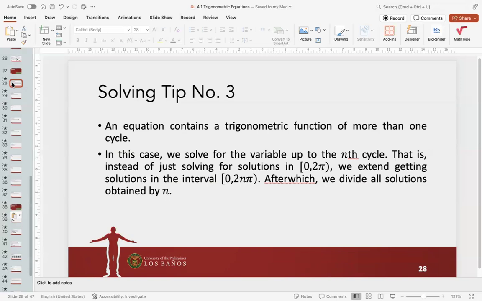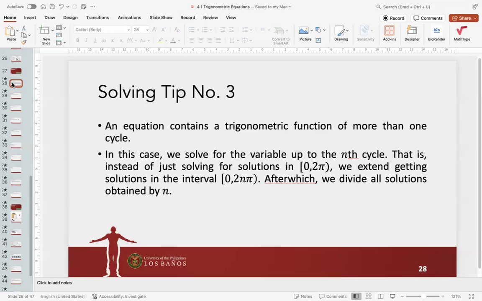If you remember the standard form of the equation of our trigonometric functions, one of our components is B. If you remember A, B, H, and K, the B there, or the coefficient of the variable x during that time when we discussed trigonometric functions. The value of B there is actually the number of cycles, all right, the number of cycles of your trigonometric function.